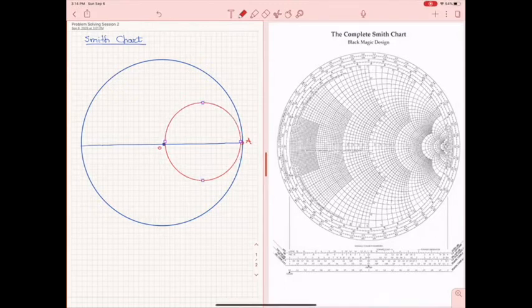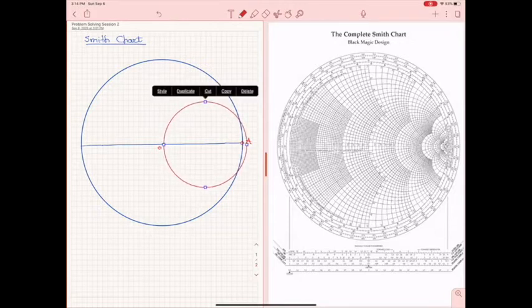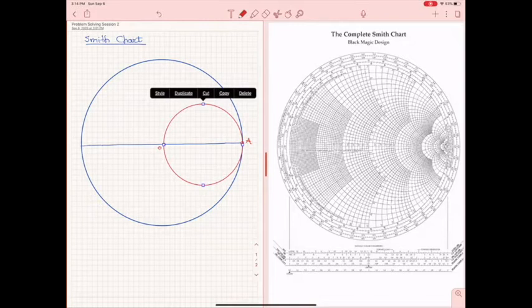Okay, so this circle goes through the center of the Smith chart and is tangential to the circle of the Smith chart at point A.